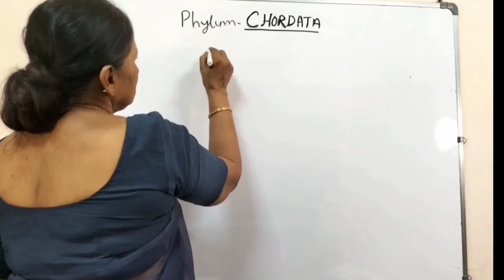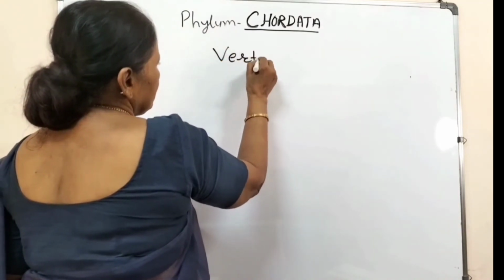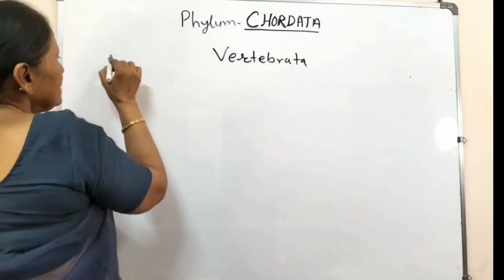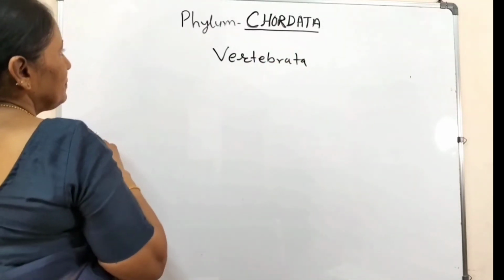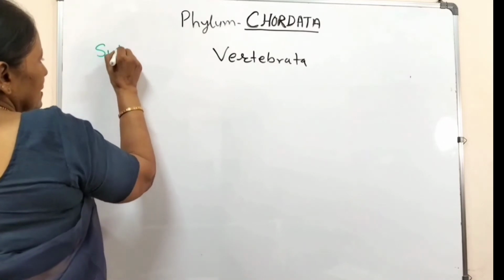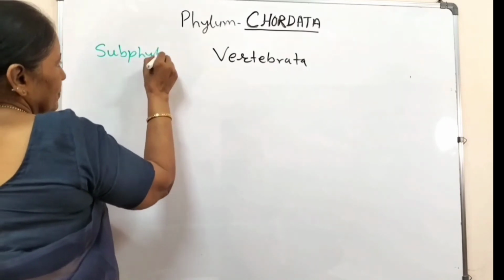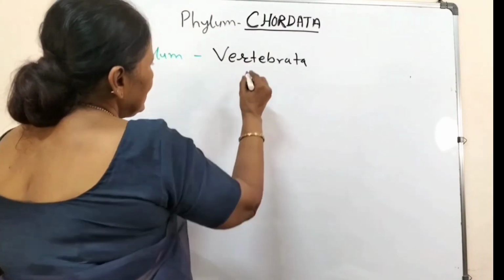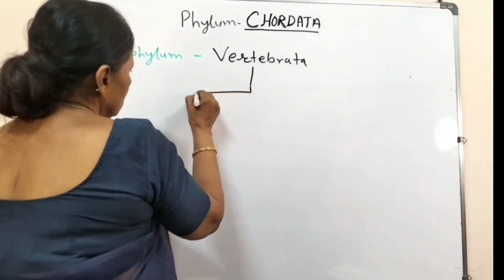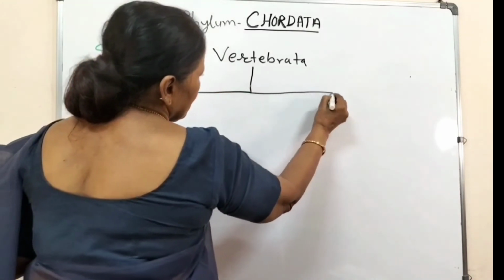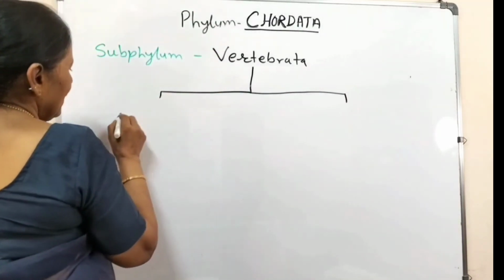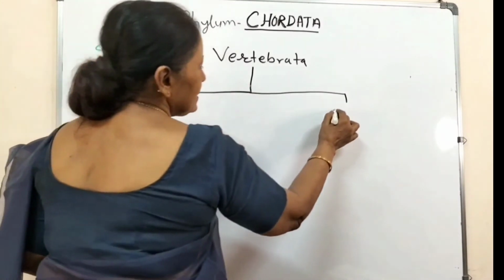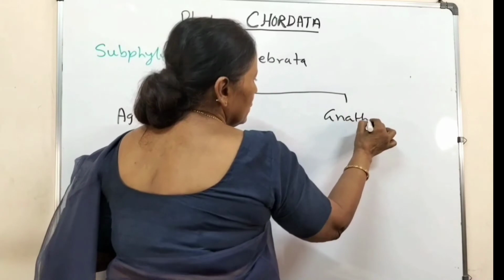The classification of Vertebrata. Vertebrata is a subphylum under phylum Chordata. This subphylum is divided into 2 groups: one is Agnatha and another is Gnathostomata.